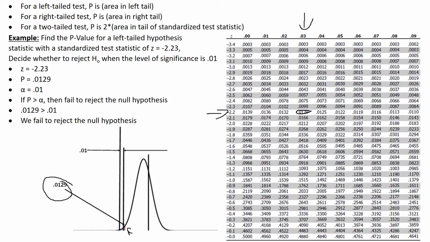And if alpha is 0.01, it's within the acceptance part. I'd fail to reject it. If it was outside of it, on this side of my 0.01, I'd reject it. But it's on the inside of it. It's right here. So I'd fail to reject it.